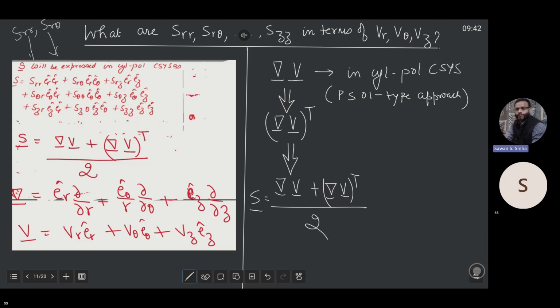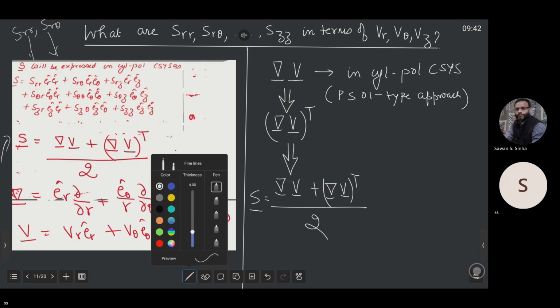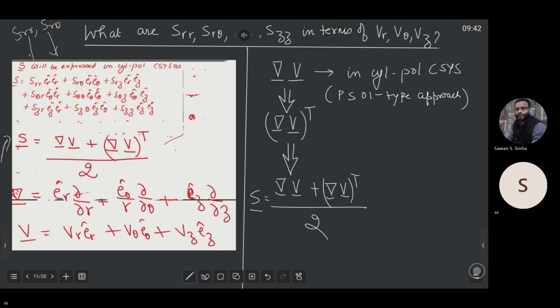So first you will have to write S as what I have here, which again is a coordinate system independent relationship, holds good for all coordinate systems. And then problem set 1, question number 3, we know that del is this in cylindrical polar, and V will be expressed like this in cylindrical polar coordinate system. And then you go ahead and find del V in cylindrical polar coordinate system.